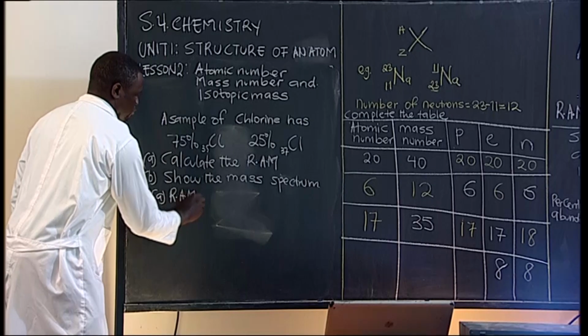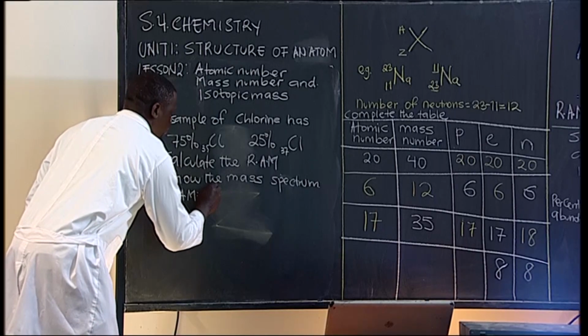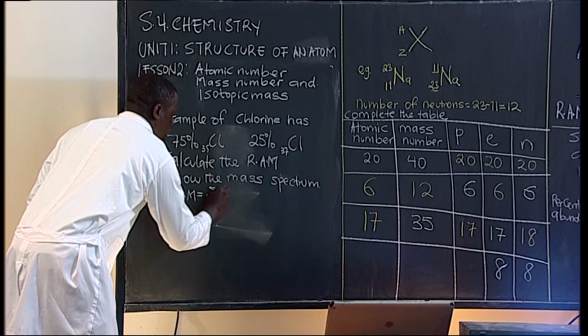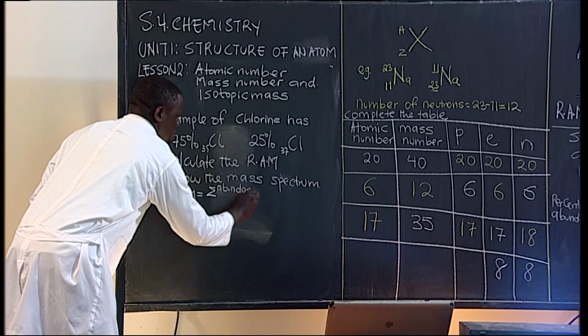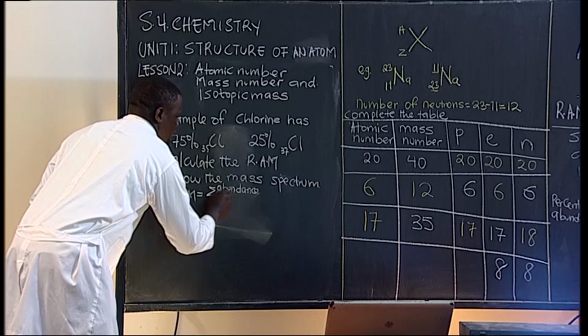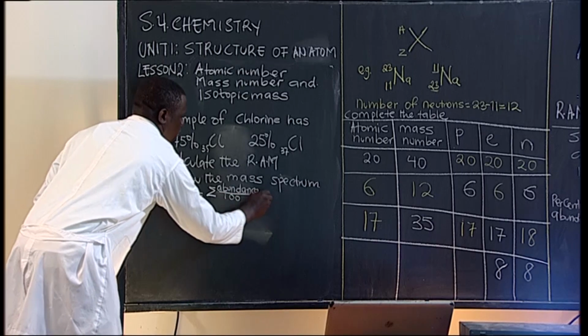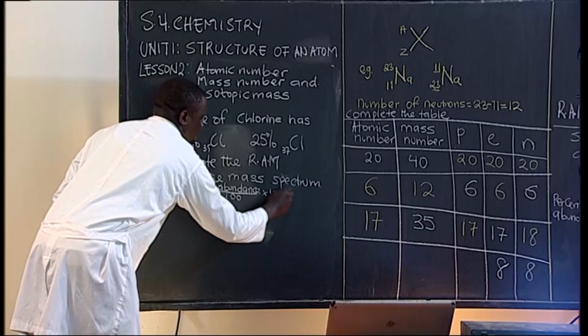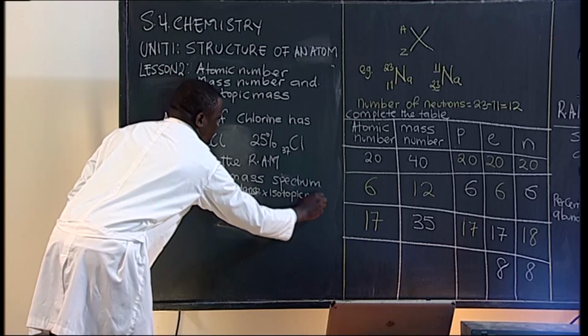So here, what we first do, we can first say our relative atomic mass will equal the summation. So we quote our formula of abundance. If it is percentage abundance, it will be the percentage over 100 times the isotopic mass.